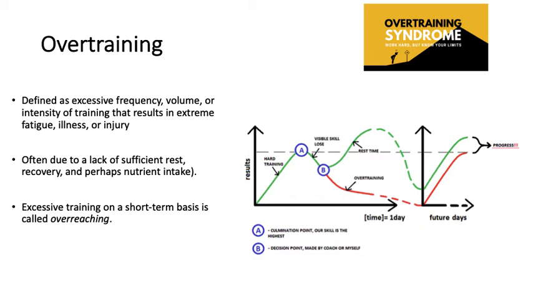And this happens over time. When you don't have enough recovery and rest to adapt, the body gets fatigued, and as a result, you start to see decreases in your performance, in your mood, and lots of different factors.